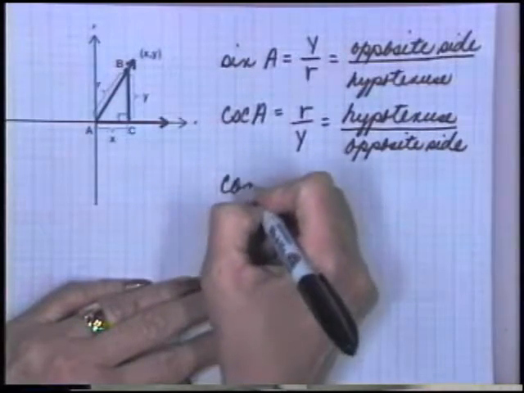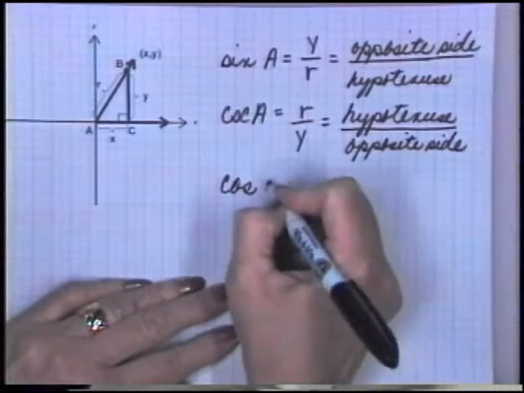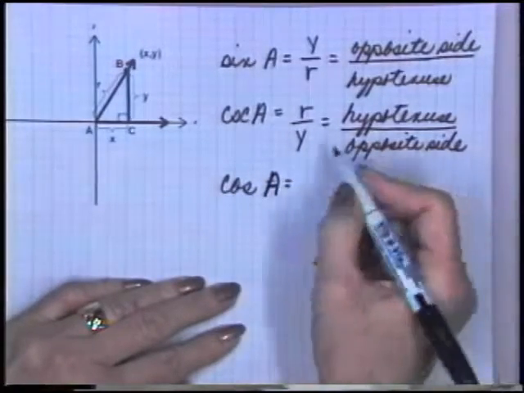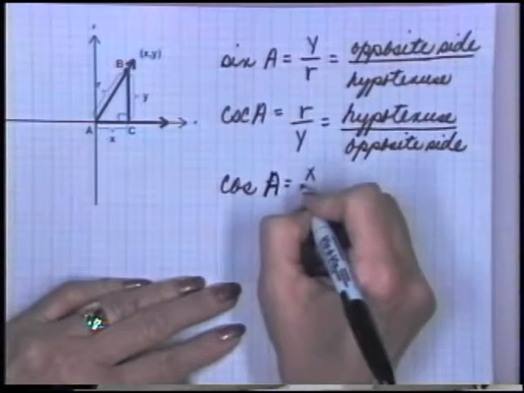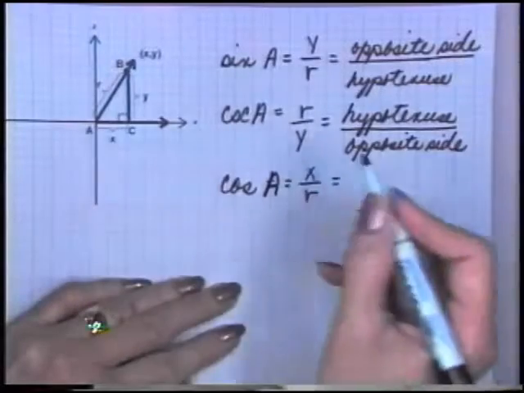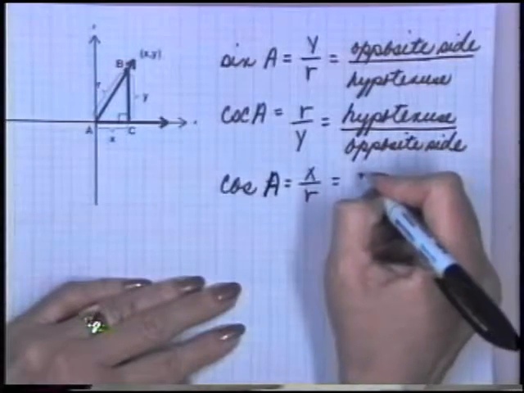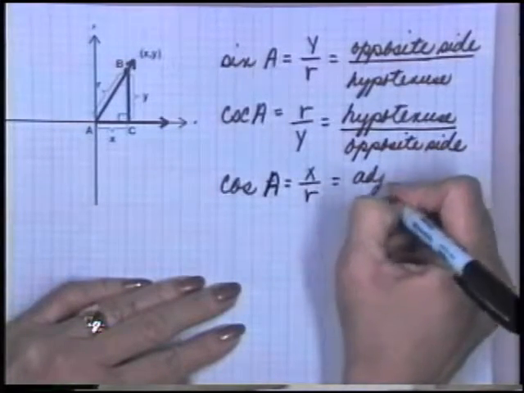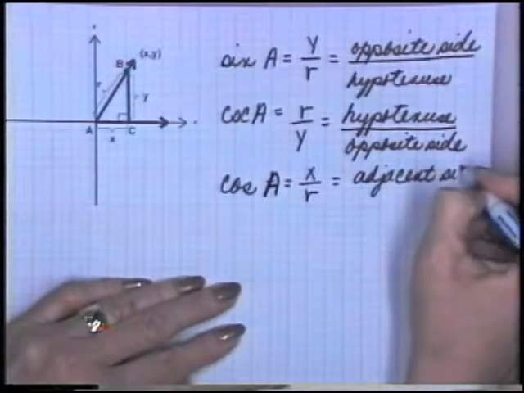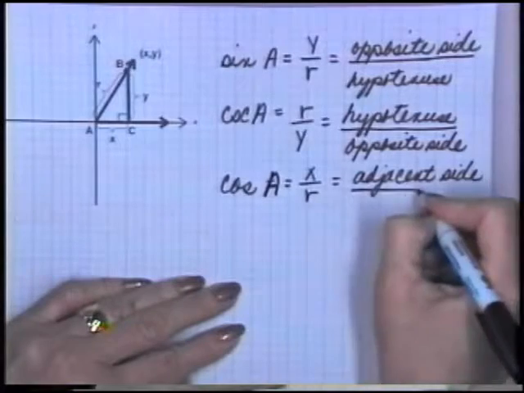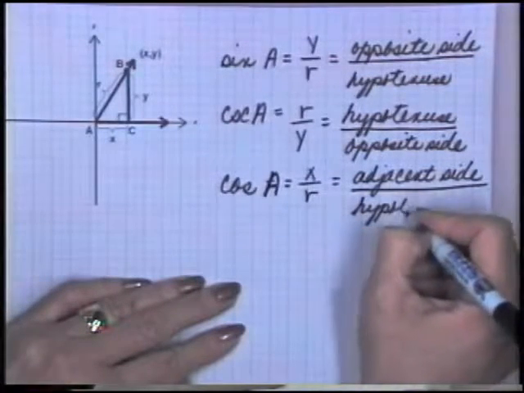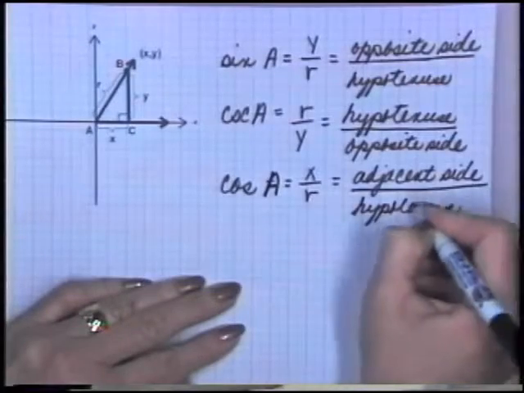To define the cosine of angle A, we know that that is defined as x divided by r. x is the leg that's adjacent to angle A, so that would be the adjacent side divided by r, which is the hypotenuse.